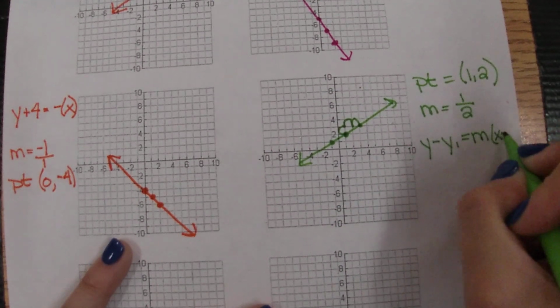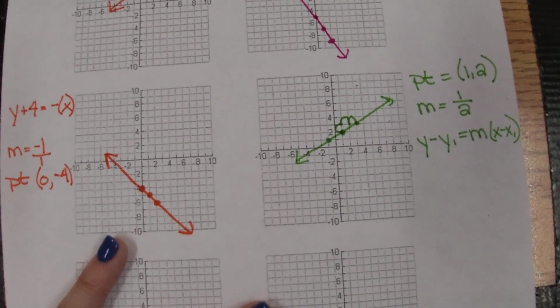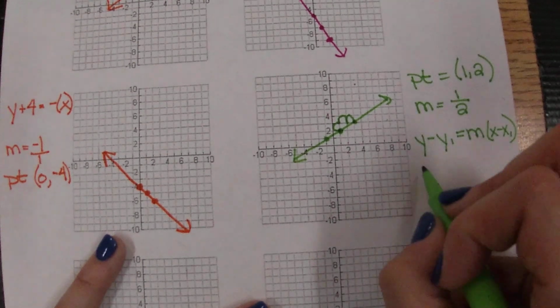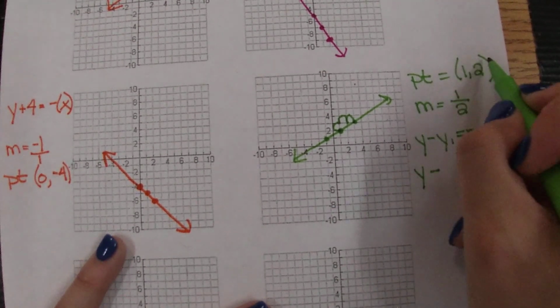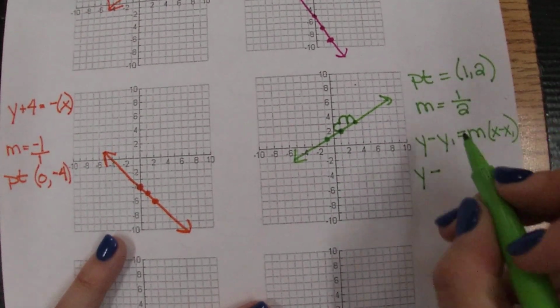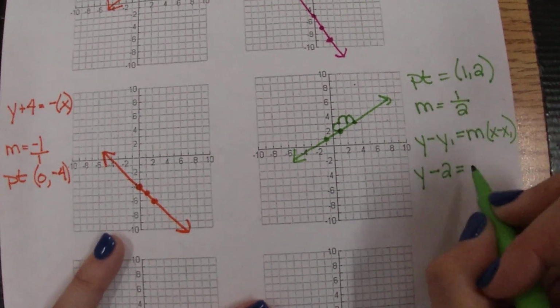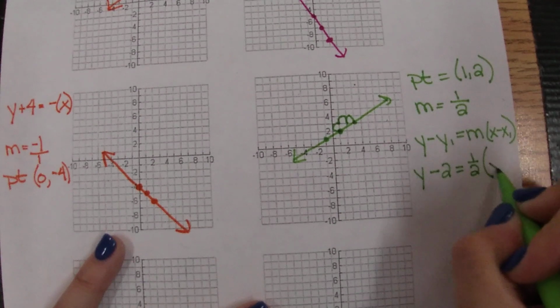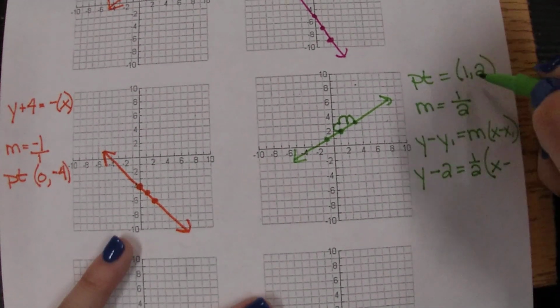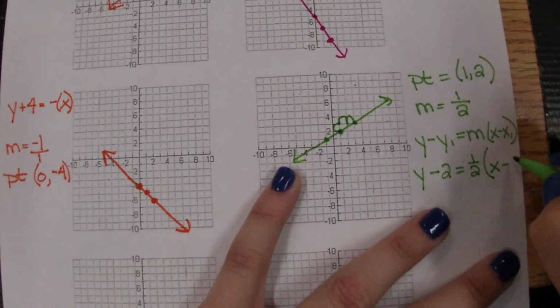I'm just doing everything that I was doing in reverse order. So y minus my y sub 1, which is 2, equals m, which is 1/2, times x minus x sub 1, which is 1.